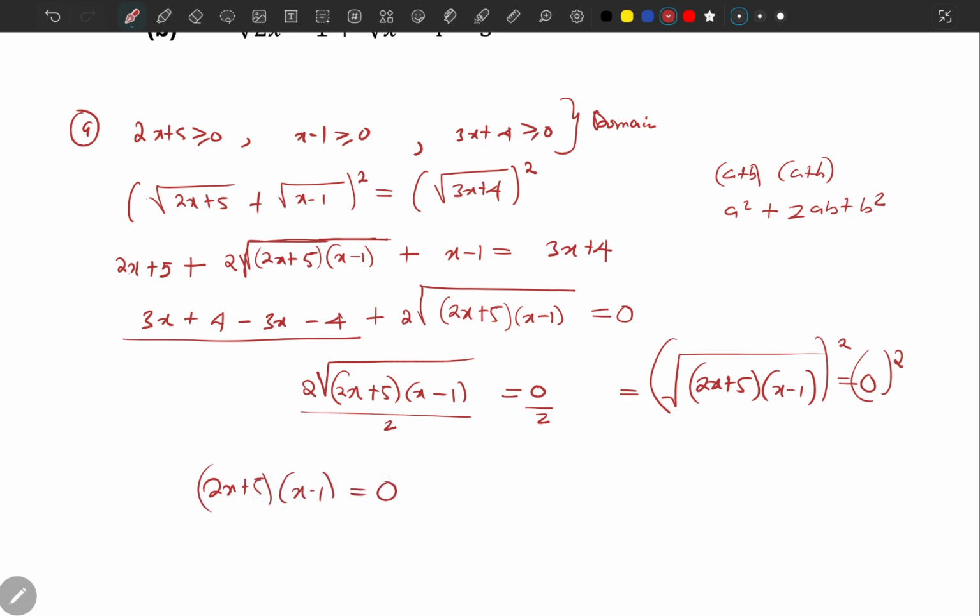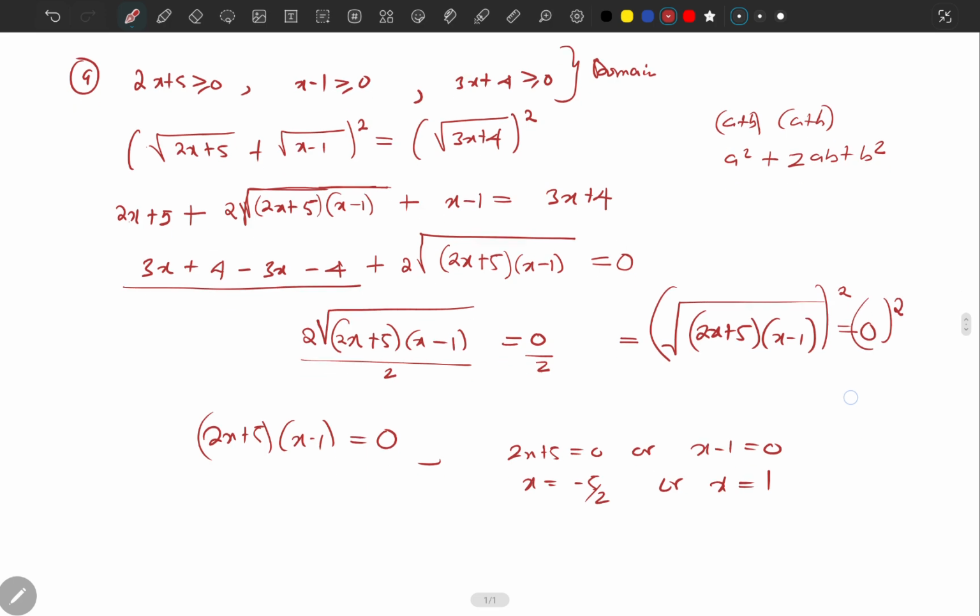We can't expand this; it is just a normal quadratic equation, meaning 2x plus 5 is equal to 0, or x minus 1 is equal to 0. So x is equal to -5/2, or x is 1.